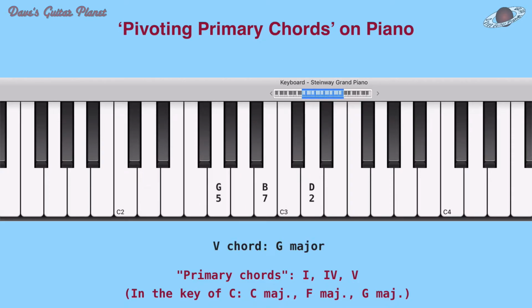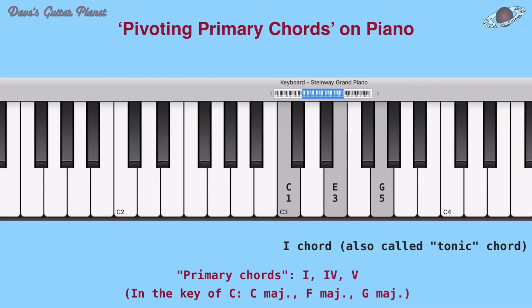Every other note from G is the 5 chord. And then from A, the 6 chord. From B, the strange diminished chord. And then back to the octave.